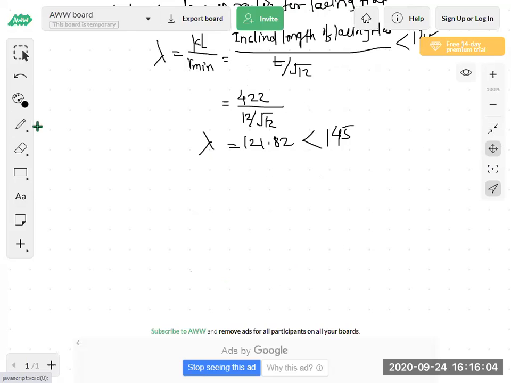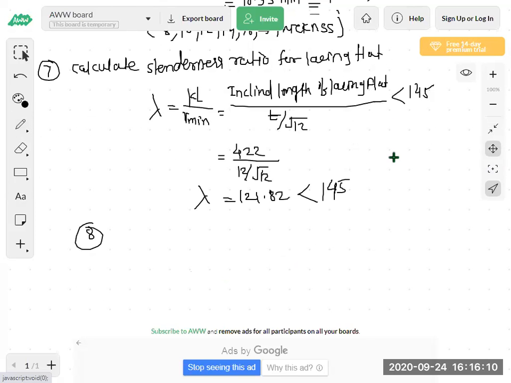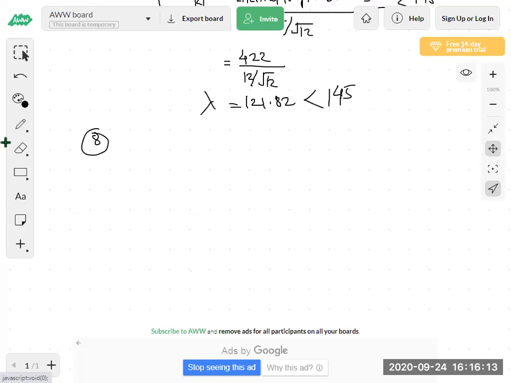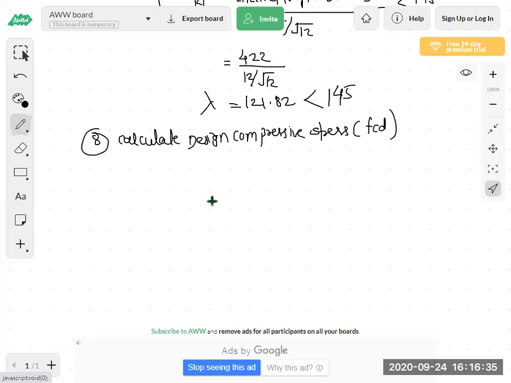Now next step, number 8. Now what is the next step? Calculate design compressive stress. Design compressive stress, that is nothing but fcd.